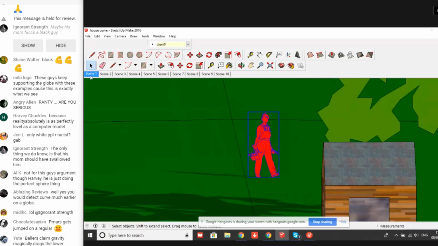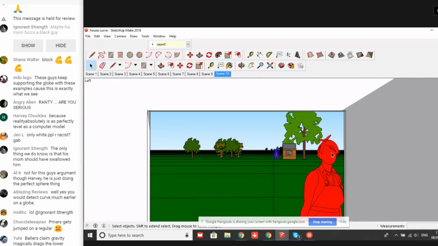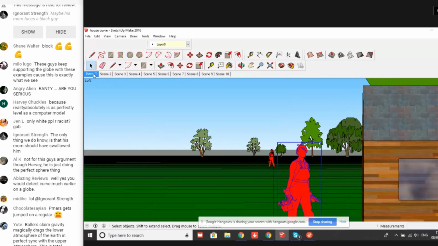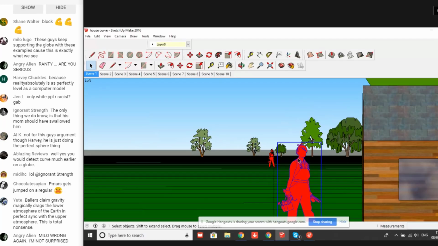And I'll come back to here. We can see she is eye level with this grass. And this woman that is 500 feet away is neck level. So yeah, as she goes further away, she's showing more and more sky behind her as she gets further away on the globe.